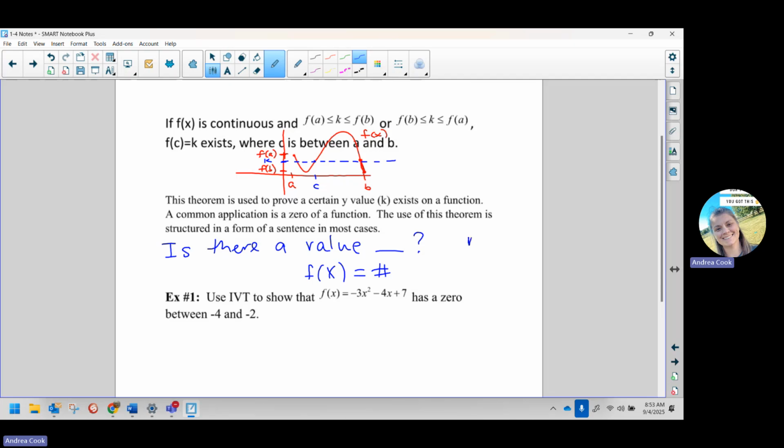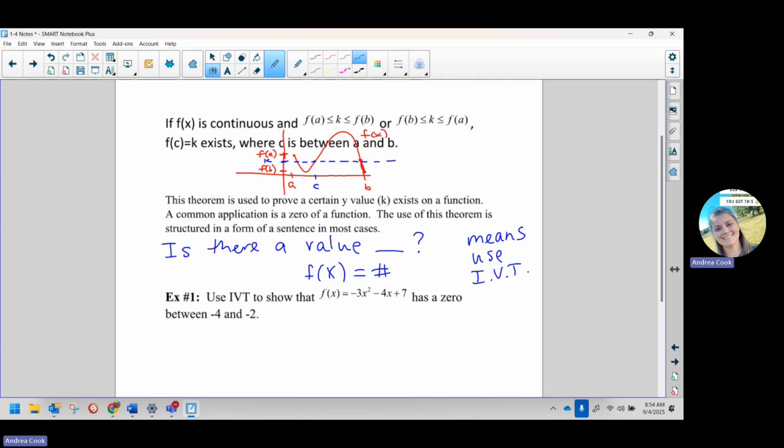That means use IVT, use intermediate value here. They won't say use IVT, like our example said. Okay, so you're gonna have to remember this theorem in May and how to use it.